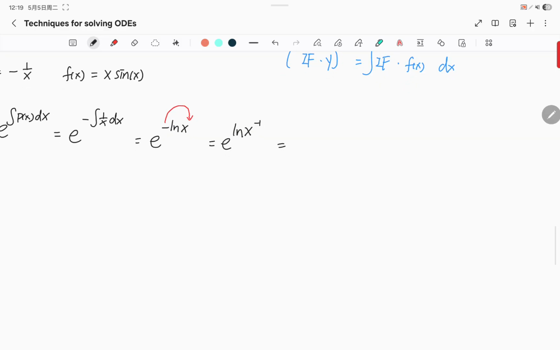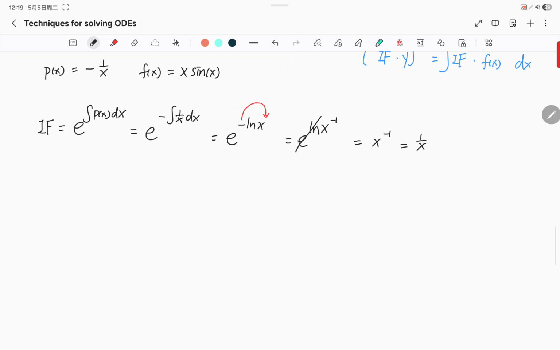So e to the power of ln whatever is just equal to whatever, because e and ln cancel out. So here I got just x to the minus 1 power, or simply 1 over x. This is my integrating factor, simplified into just 1 over x.